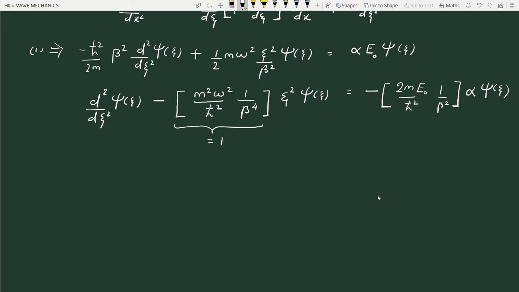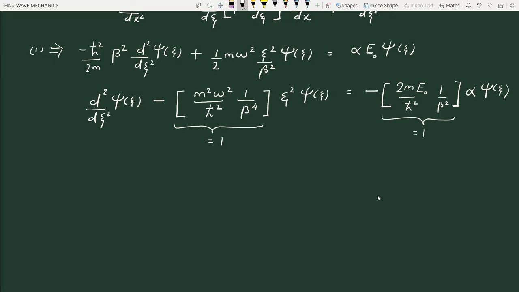If this is equal to 1, then the remaining terms, theta square psi theta, are perfectly dimensionless. Similarly, if this entire term is equal to 1, then the other remaining term here is alpha times psi theta. Alpha is dimensionless, psi theta is also dimensionless.